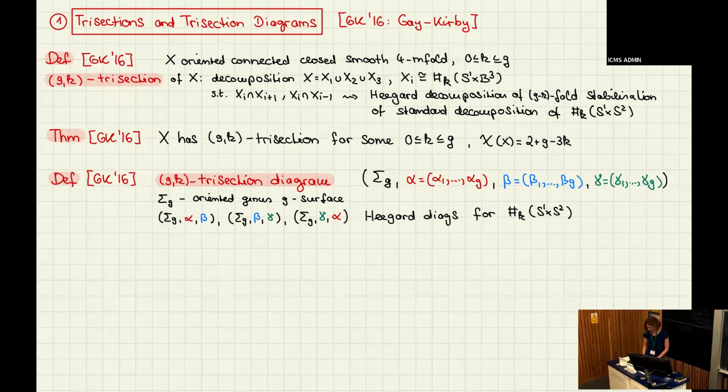And the condition is that any two subsequent sets of curves, so alpha and beta, beta and gamma, and gamma and alpha, define a Heegaard diagram for this k-fold connected sum of S1 times S2. So it's essentially a generalization of a Heegaard diagram.